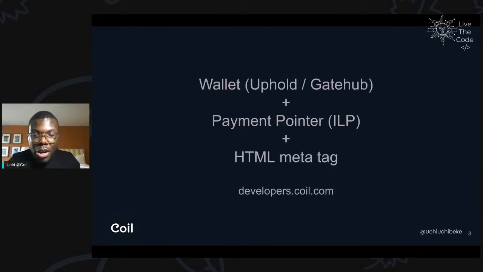Once you've gotten the payment pointer, you then add it to the head of your website, right? And then when someone starts viewing your content, they'll start paying you in real time. To learn more about how all of this works, definitely the place to check out is developers.coil.com.